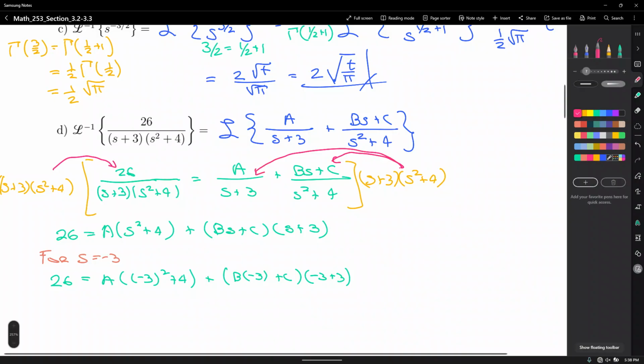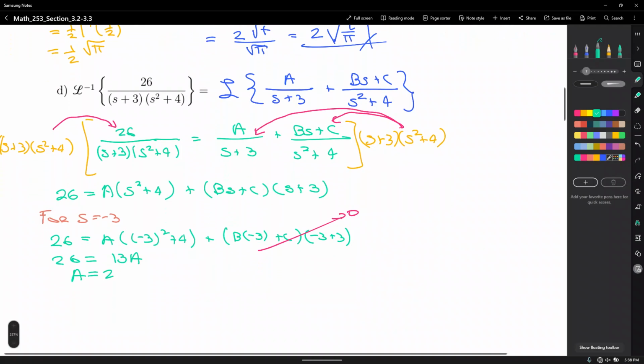Okay? What happens here? Goes all the way to 0, all right? And we end up with calculating the value of a. So 26 equals a times, what is that? 9 plus 4, is that 13? 13a, and a equals 2, all right?